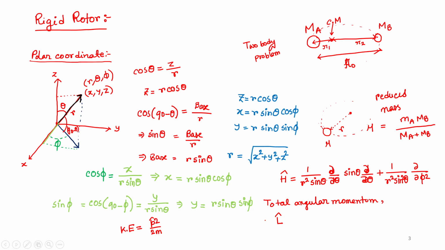But when we are discussing this rigid rotor problem, we can also see it in terms of the total energy, that is the Hamiltonian operator. Instead of p square, now we have the total angular momentum, divided by not 2m but 2I, where I is the moment of inertia.